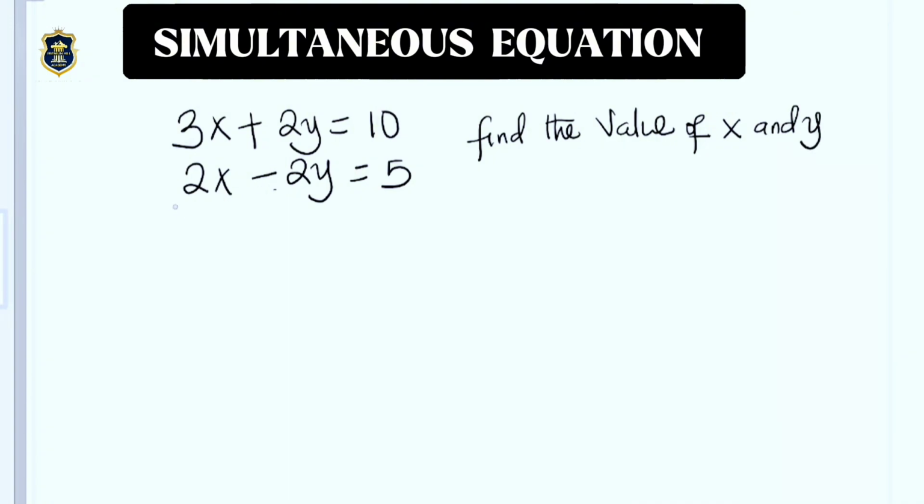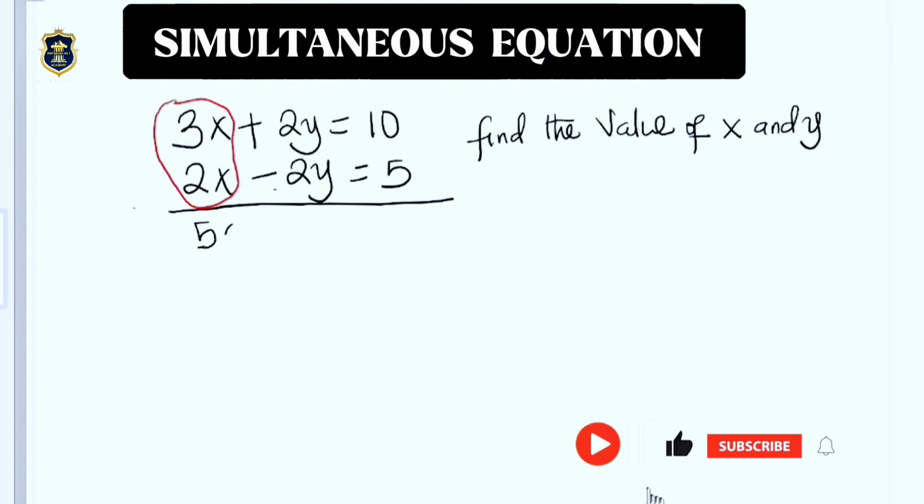This is very simple. The first thing we do is add these two equations. 3x plus 2x gives us 5x. Plus 2y minus 2y gives us 0, equal to, since we're adding both of them, 10 plus 5 gives us 15.